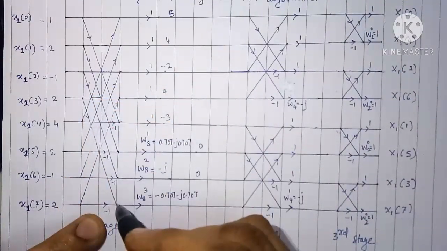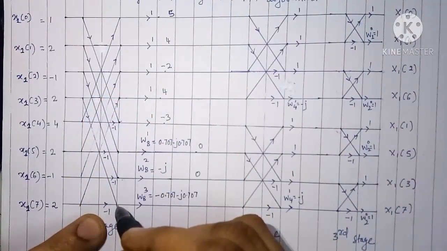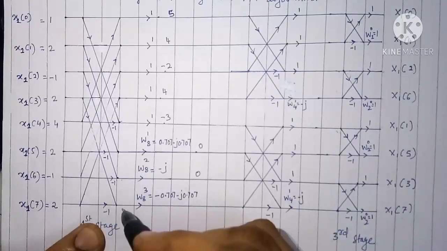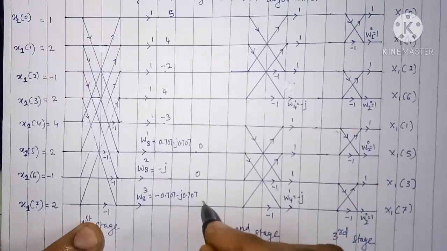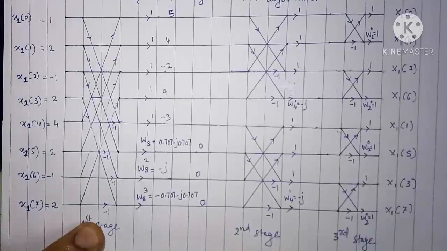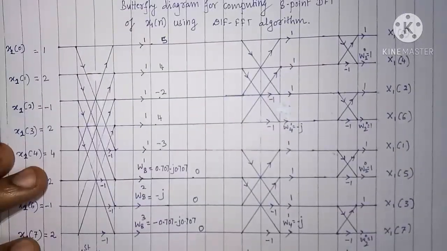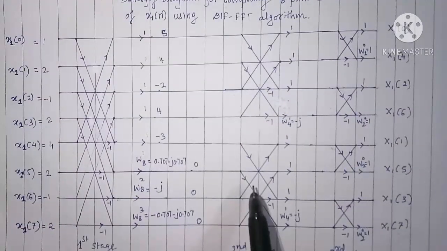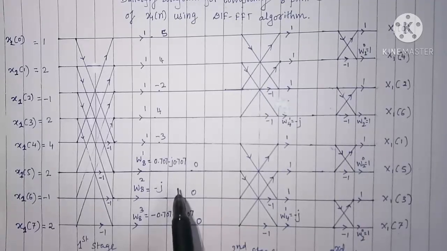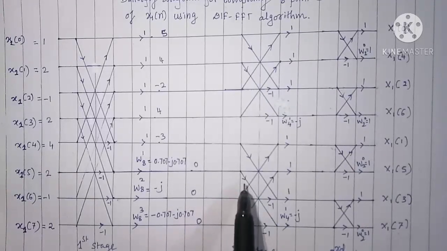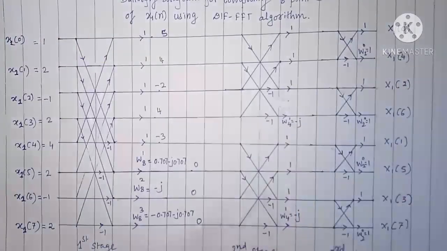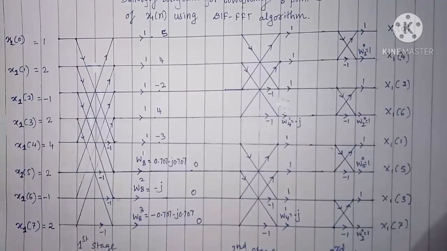Here we get 2 minus 2, 0. So output here is 0. Now we will take outputs of first stage as input to the second stage and calculate outputs of the second stage.